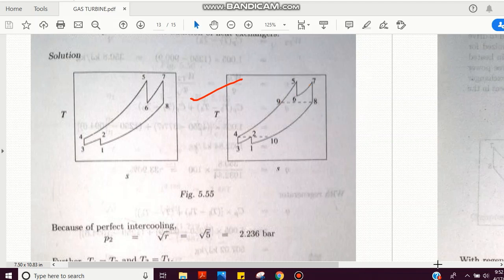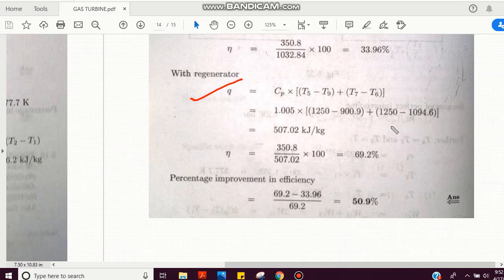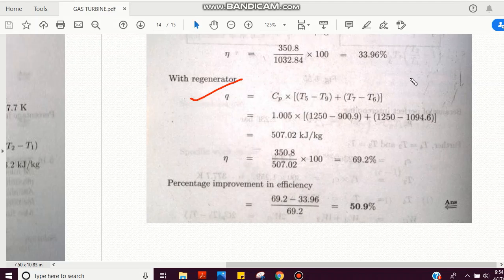So the heat input becomes Cp into T5 minus T9 plus T7 minus T6, and the value of T9 is equal to T8, and the value of T7 is equal to T5.